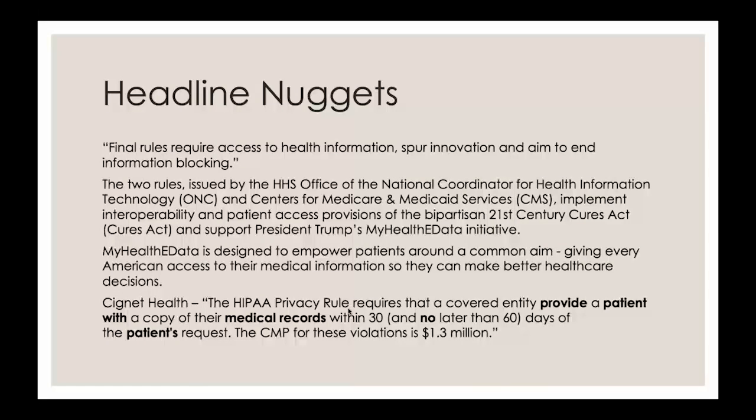Privacy rule was passed or published in the Federal Register in December 2000. It became effective in February 2001, but then we had some refinements which were published in the Federal Register in August of 2002. So that's where you're going to find a lot of the privacy rules and access to medical records. Then in 2005, the security rule became effective, and obviously the security rule in many ways complements the privacy rule.